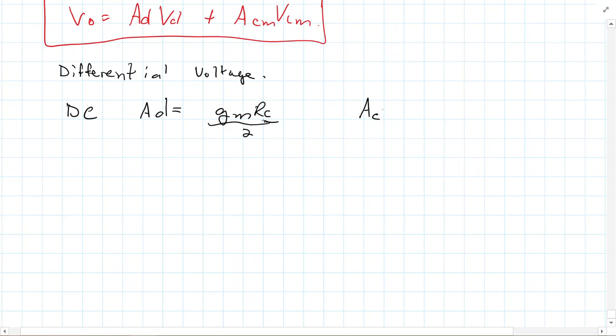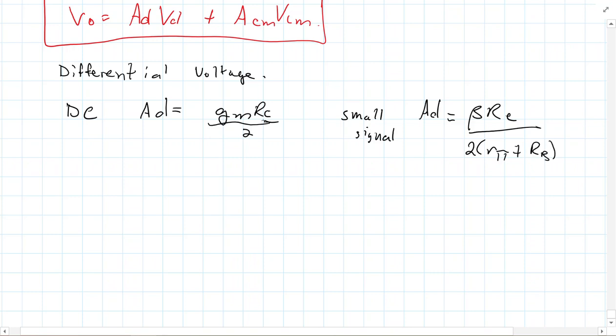AC, or what I should say, instead of AC, we'll say small signal. It is AC, but we have to be careful because it has to be a small signal. We get that AD is beta RC over 2 R pi plus RB. And then of course if RB is 0, that reduces to the same equation for DC.